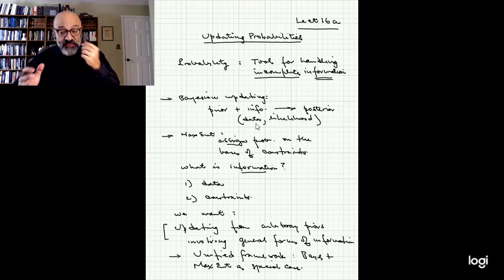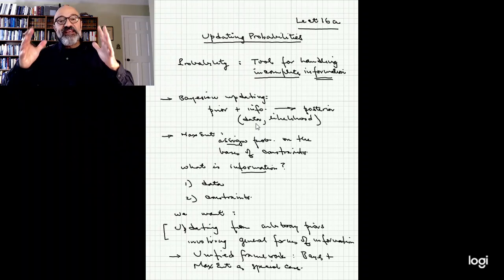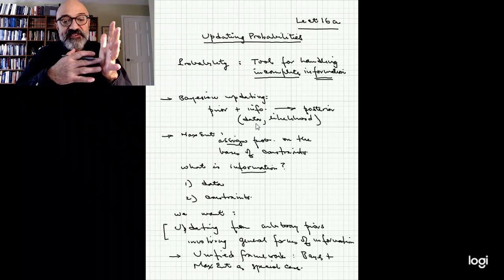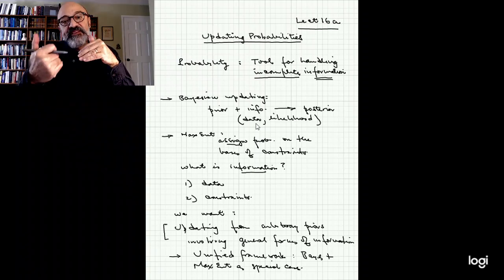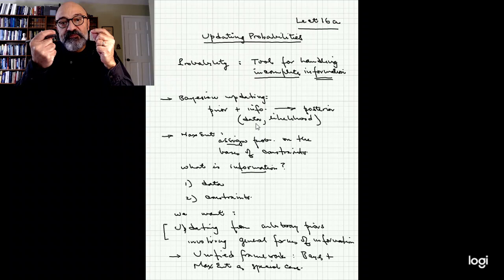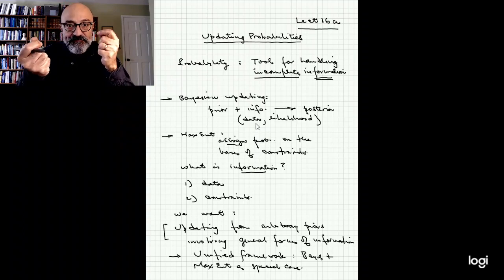So one of the things that this unified framework is going to allow us to do is to have a description of quantum mechanics that properly takes into account the problem of measurement in quantum mechanics.